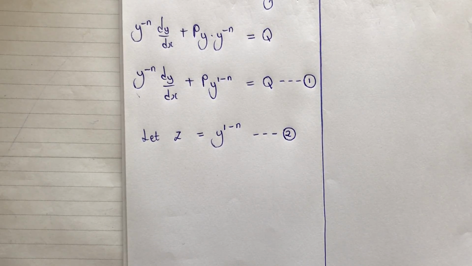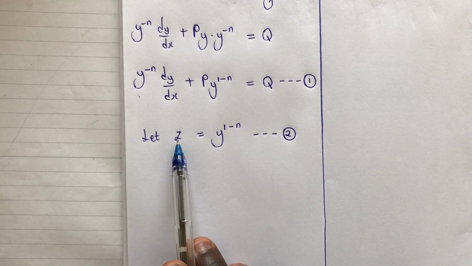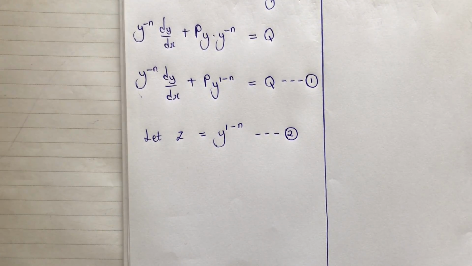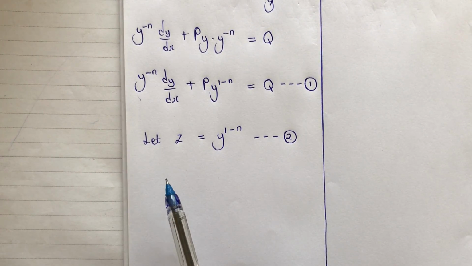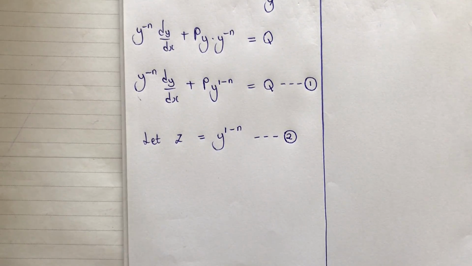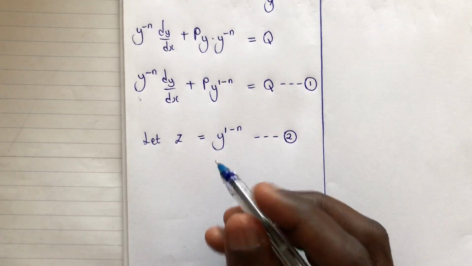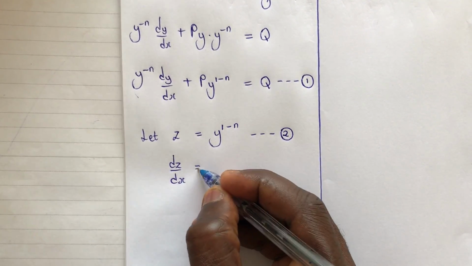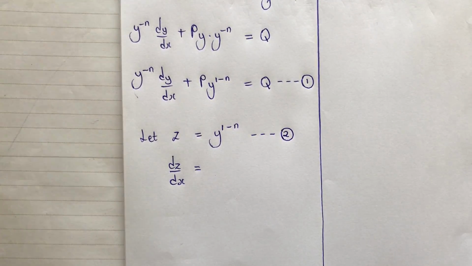Now your next step is to differentiate z equal to y^(1-n). Now how do we do it? I will differentiate z with respect to x, and I'll differentiate the function y with respect to x. So this becomes dz/dx equal to, now I am about to differentiate a function with the power n.